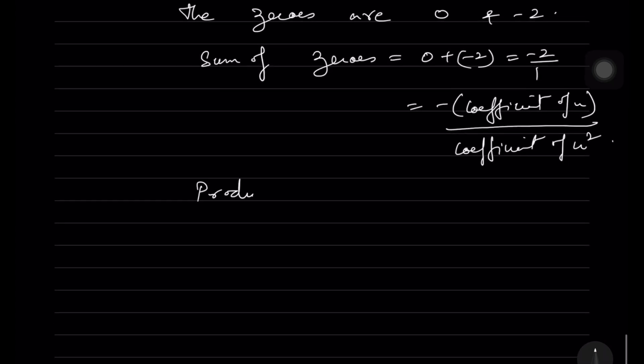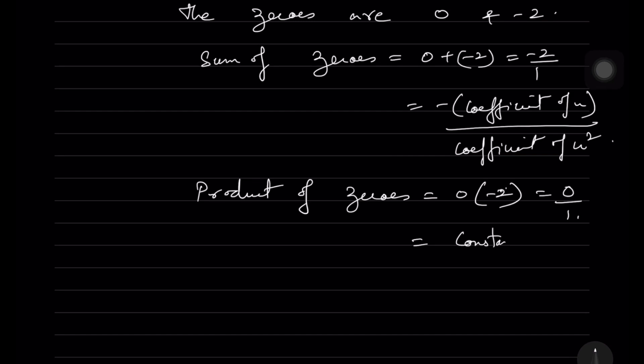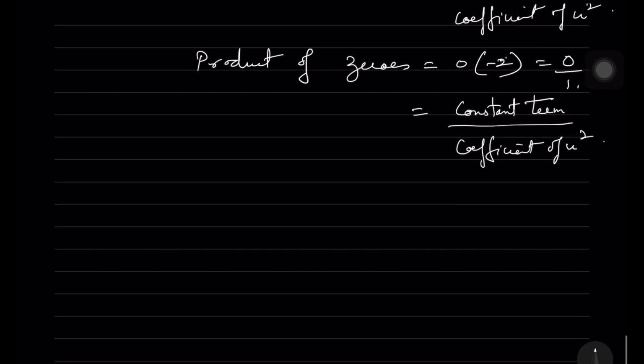That is minus 8 by 4, which is nothing but minus 2. The product of the zeros is 0, because the constant term is 0 over here. So 0 by 1 is 0.